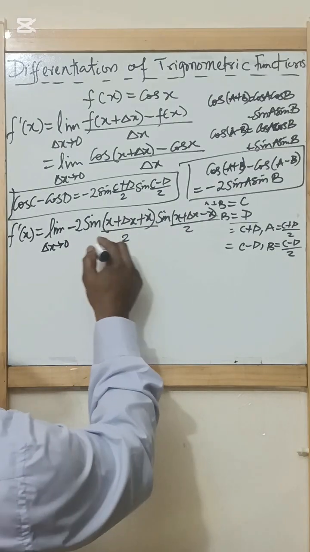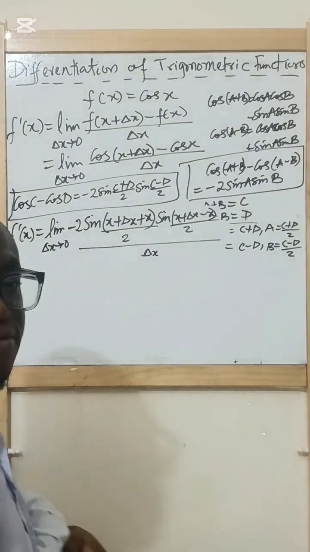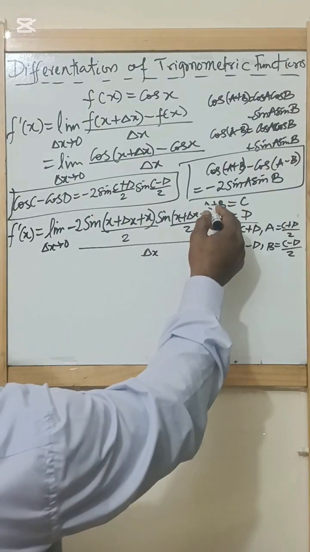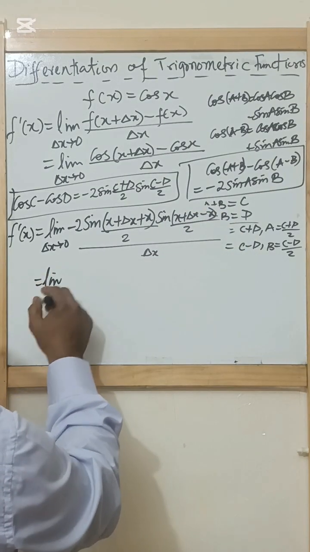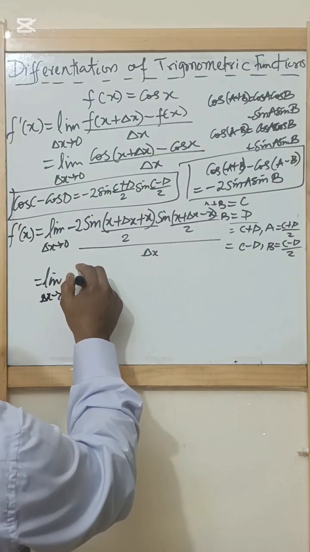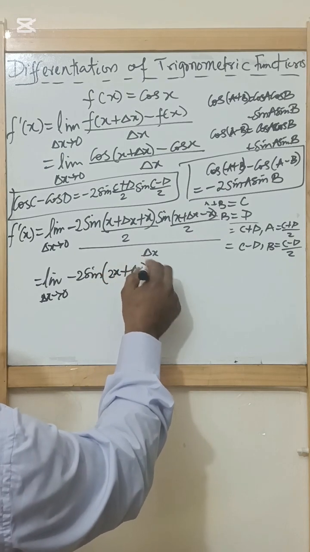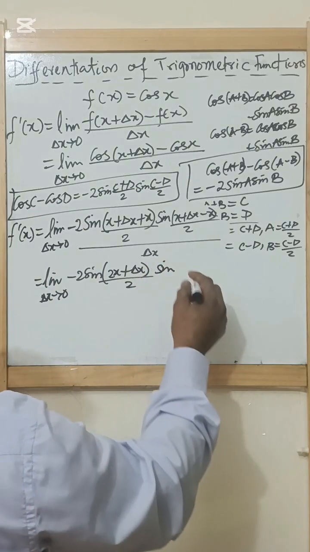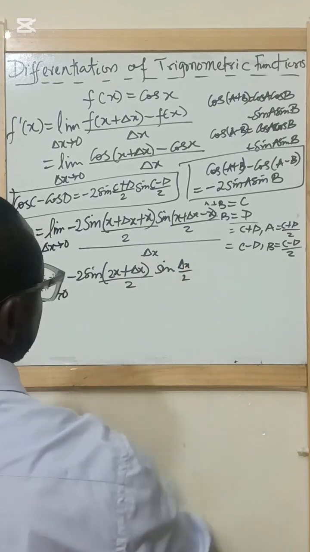All over delta x. Okay, so that's going to be the expression now. So this minus this, that will be 0, right? So this becomes the limit as delta x tends to 0 of minus 2 sine of (2x plus delta x) all over 2, then sine here becomes delta x over 2.